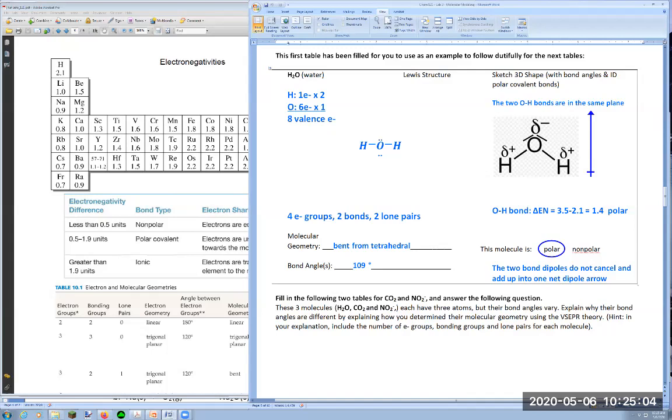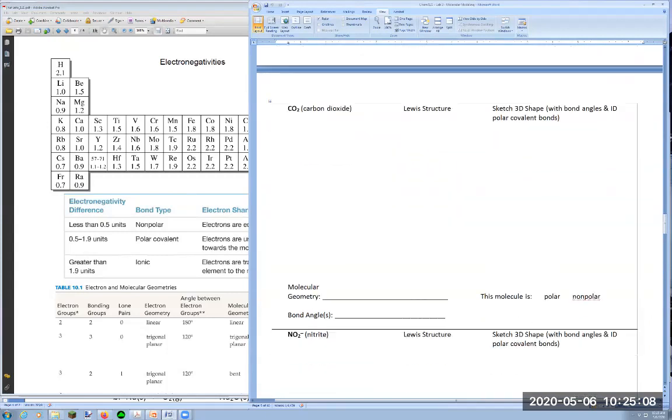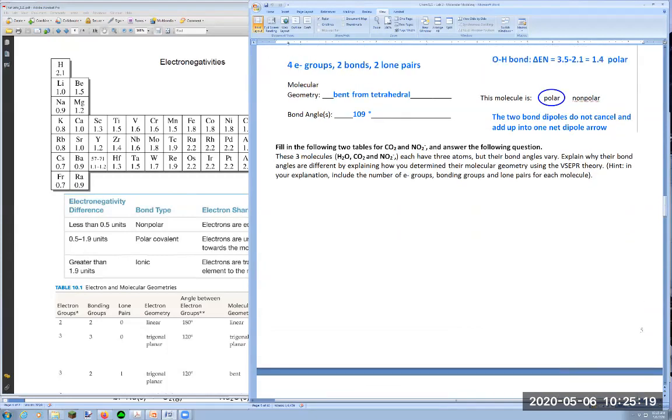Okay, so you have to do that for all those molecules. In particular, when you're done with CO2 and NO2 negative 1, there will be these questions to fill in on page 5.